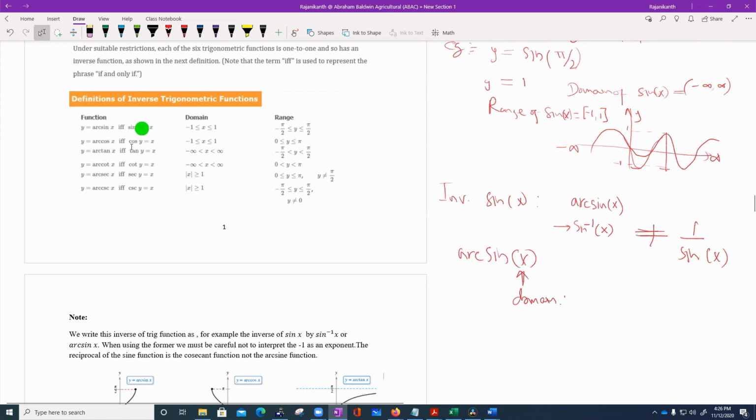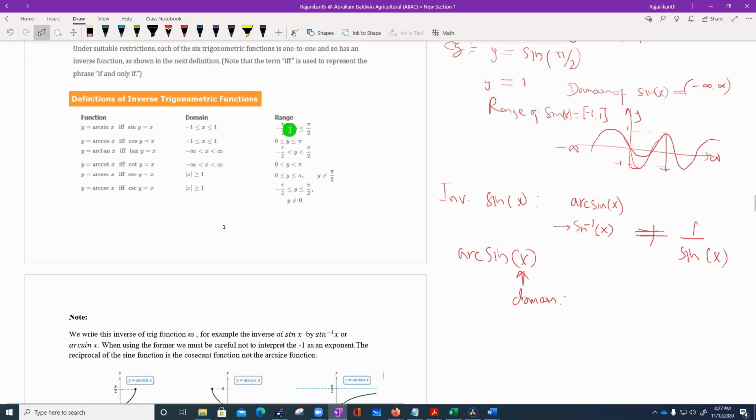If you look at the definition here, you see the domain of this inverse function is negative 1 to 1. Why? Because the range of the sine function was negative 1 to 1. So the range of the sine function is basically the domain of the arcsine function. So I have to flip around and check. Make sense?